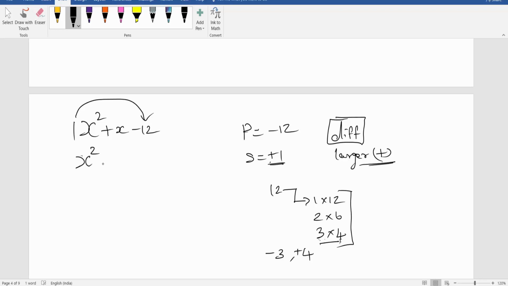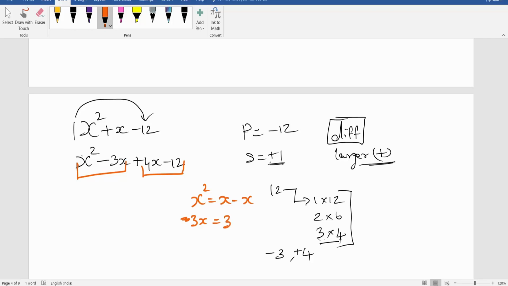So this can be written as x square minus 3x plus 4x minus 12. Employing the detailed approach, I'll group it into two different terms. So x square can be written as x into x, minus 3x can be written as minus 3 into x.